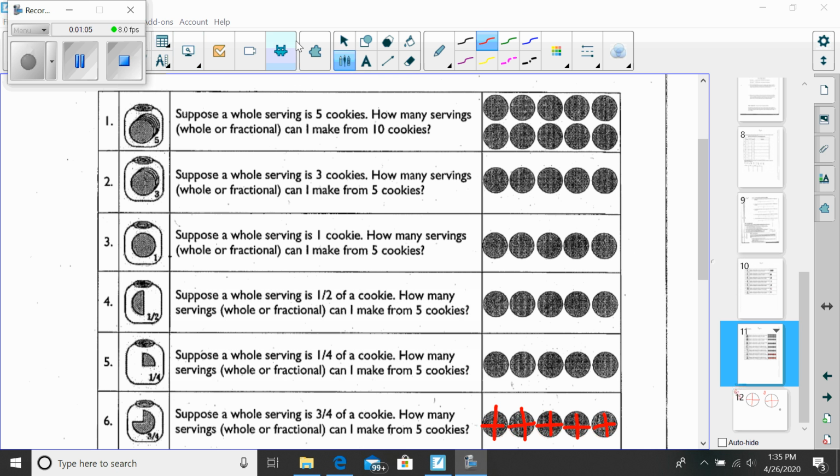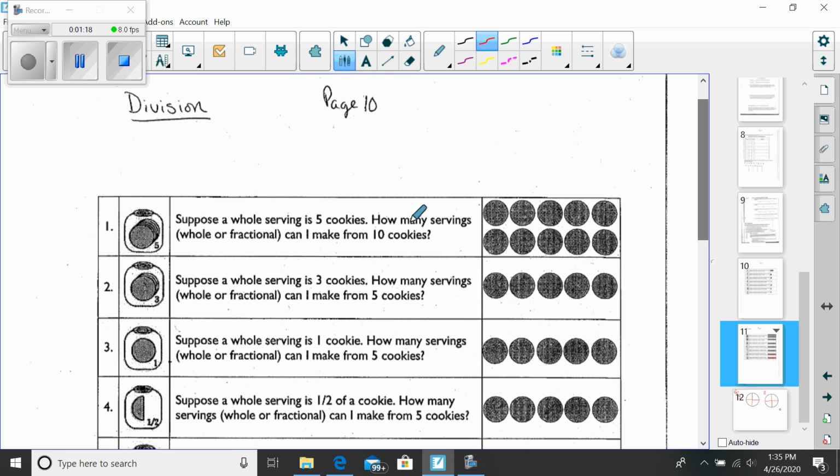So anyway, please start on page 10 of your handout. I realize they may have been flip-flopped in the packet, so make sure you're looking at page 10, where you start with 10 cookies over here. The way that this handout works is, over on this side they are showing you the serving size, and then we are looking at how many servings we can make.